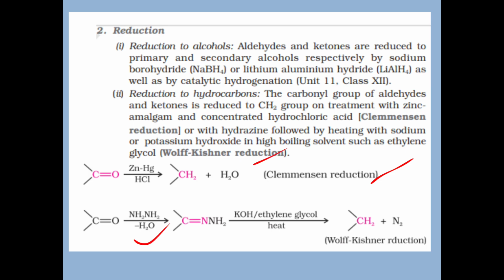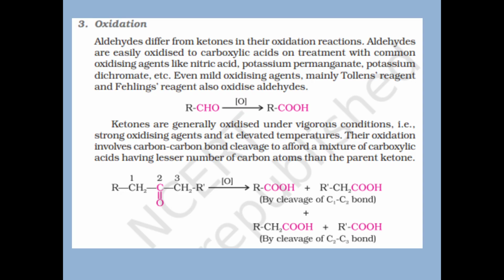Here first we use hydrazine to form a hydrazone product, then KOH in ethylene glycol to give the Wolff-Kishner reduction. Then the oxidation reaction: RCHO can be oxidized to RCOOH, and ketones can be oxidized to RCOOH with the breakage of the C-C bond.